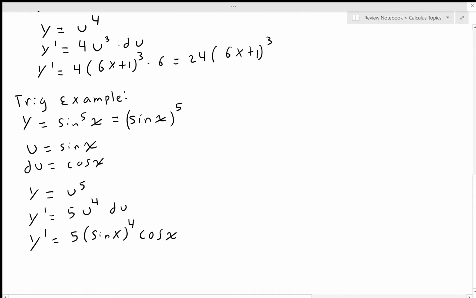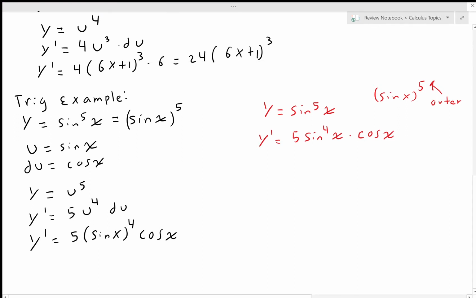Using the inner, I guess I call it the inner and outer rule, rewrite the problem, y equals sine to the 5th x. y prime, so here the power of sine x to the 5th, say this is the outer function, so I would get 5 times sine to the 4th x times the derivative of the inside function, which is sine, which is cosine x, and we see that these match up.